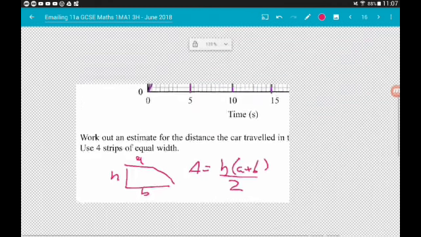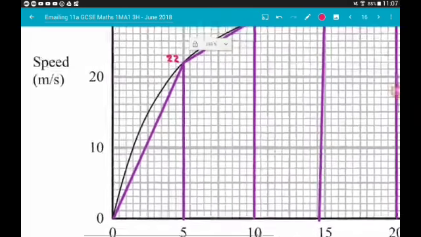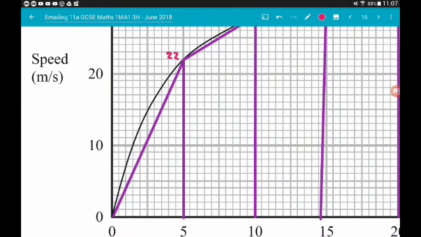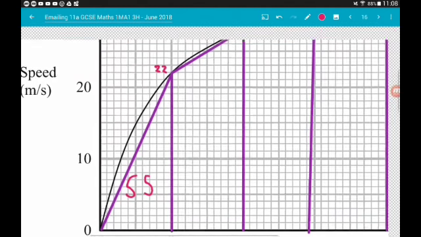Okay, so first up we got a triangle. Now this triangle has a height of 22 and a width of 5. Area of a triangle is base times height divided by 2. So here we get 55 for the triangle.